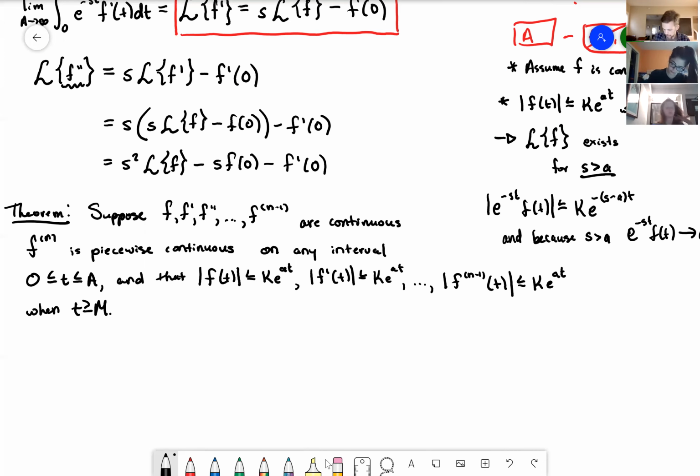It says it's bounded by an exponential eventually.